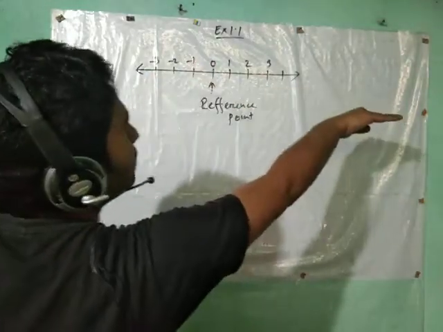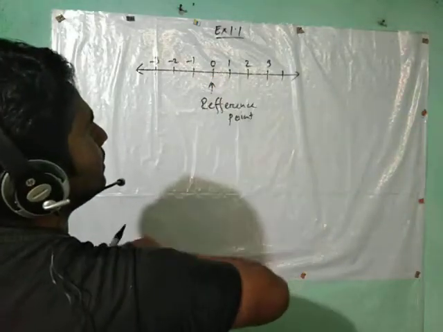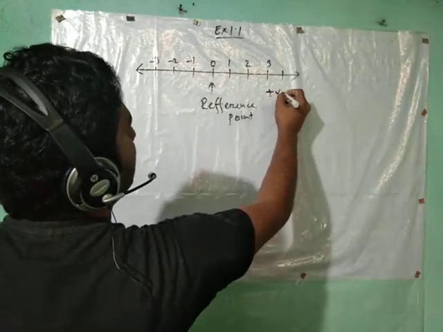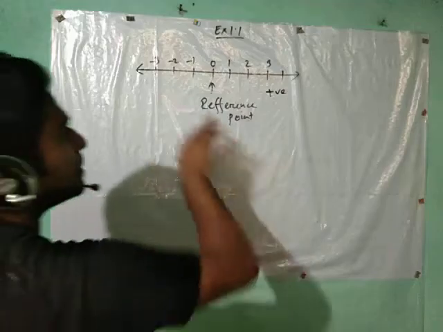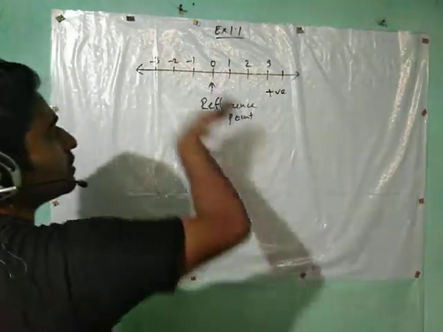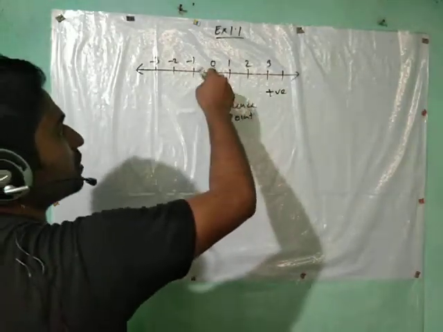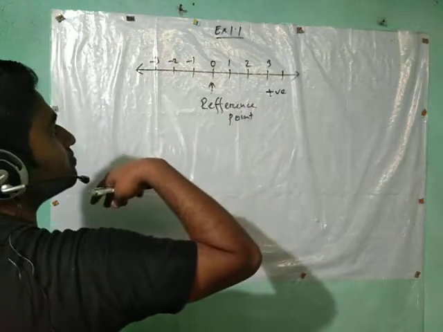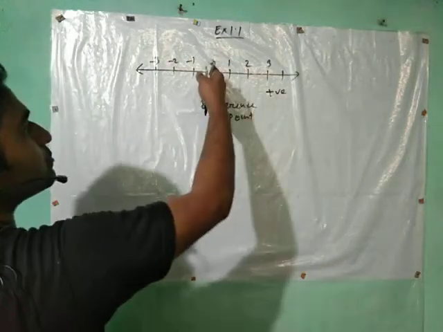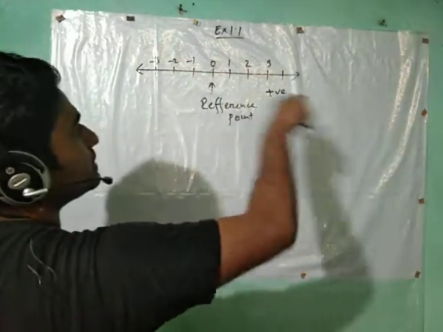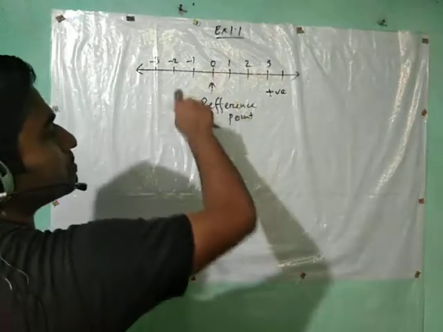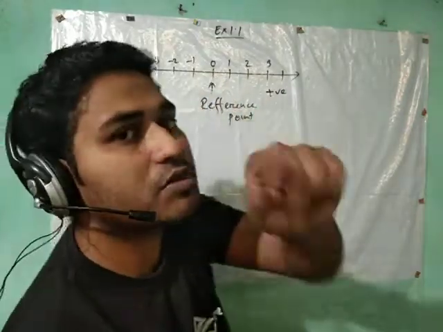If we go on the right hand side, we will be in the positive direction. That means the numbers will be positive. If we take the numbers with respect to 0, and the number is on the right hand side, the number is always positive.